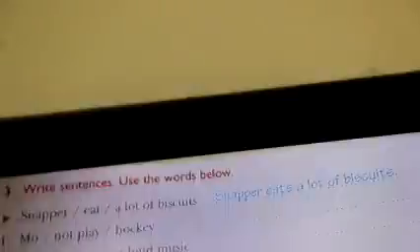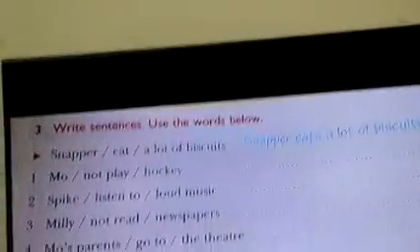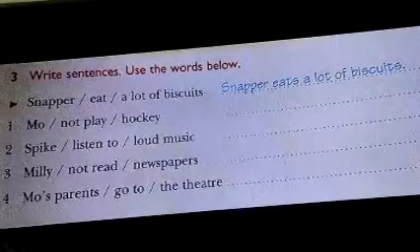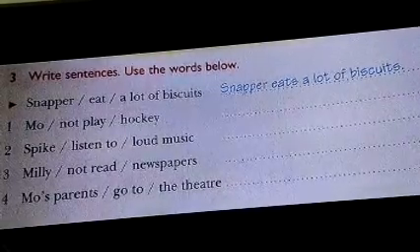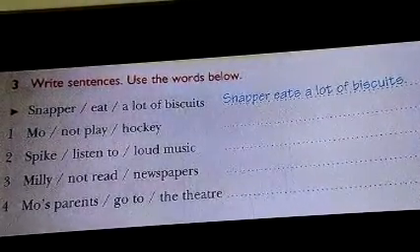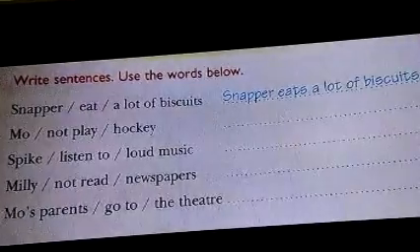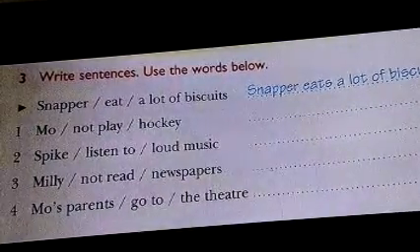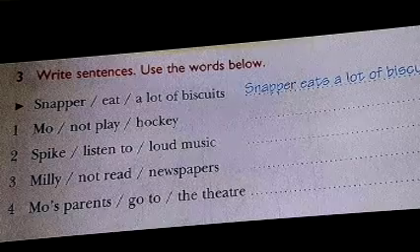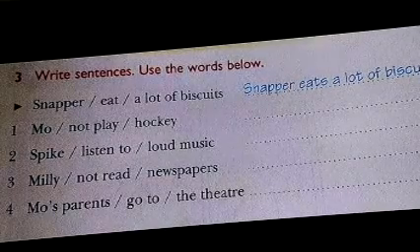Should you add don't or doesn't? You must add doesn't. He doesn't, she doesn't, it doesn't, Millie doesn't. Okay, Millie doesn't read newspapers.